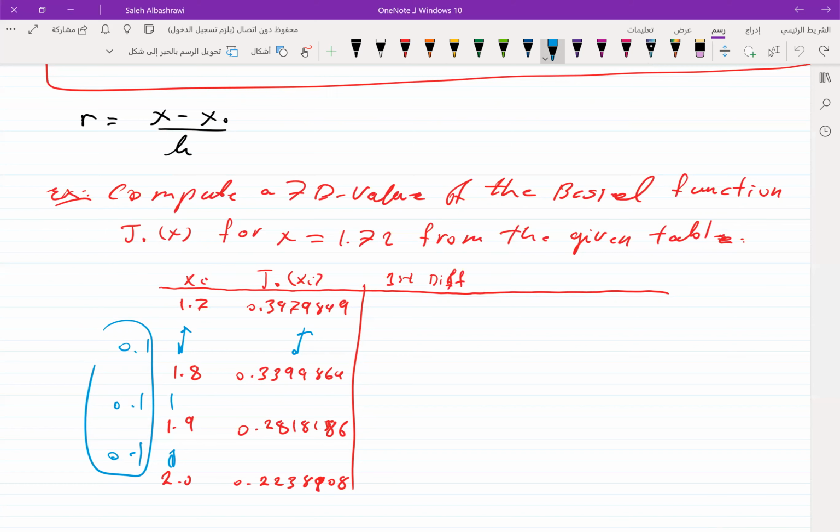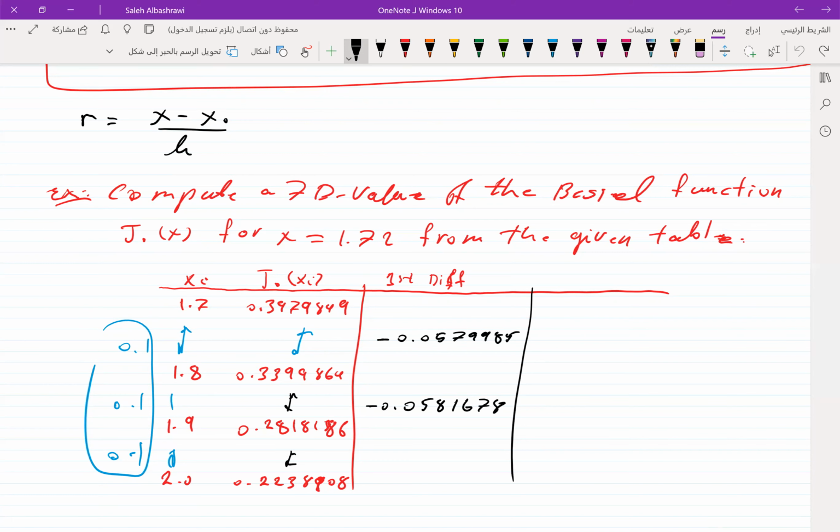For the first one, it is 0.3399864 minus 0.3979849, which gives minus 0.0579985. The second one gives minus 0.0581678.